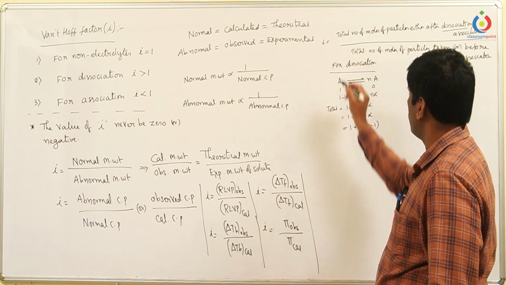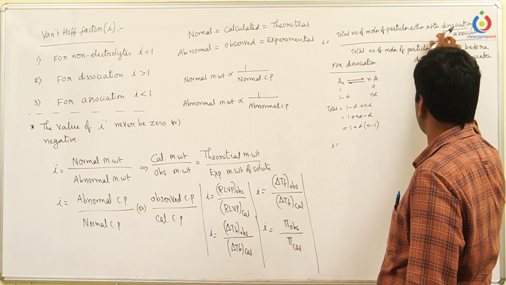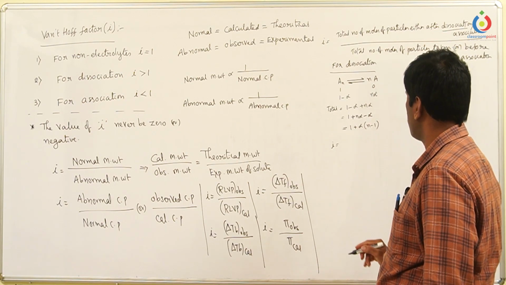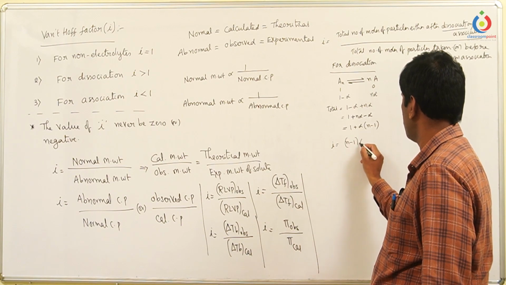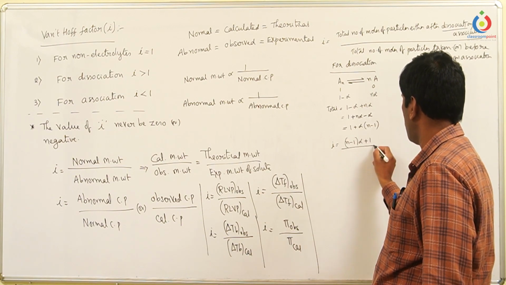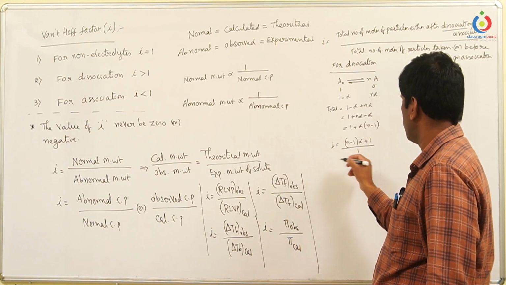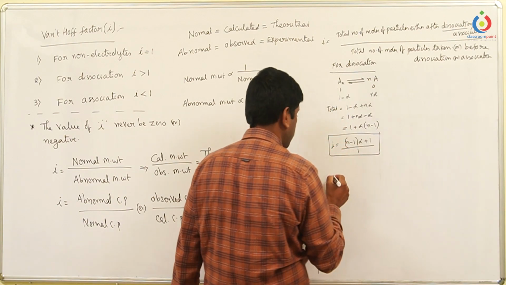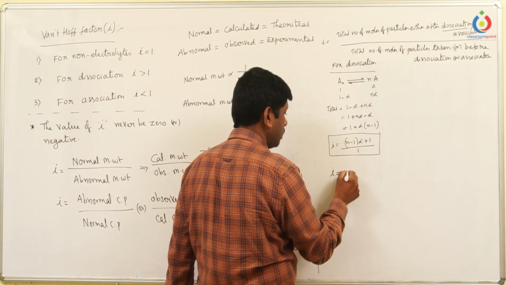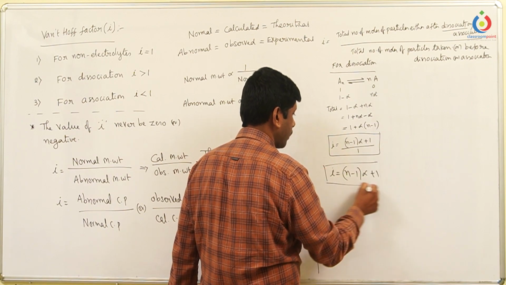Now let us take the i value. The i value is nothing but the number of moles of particles after dissociation. After dissociation, n particles are there, so I can write n minus 1 alpha plus 1. Before dissociation, only 1 is there. So this is the formula: the i value for any particle that participates in the dissociation is n minus 1 alpha plus 1.